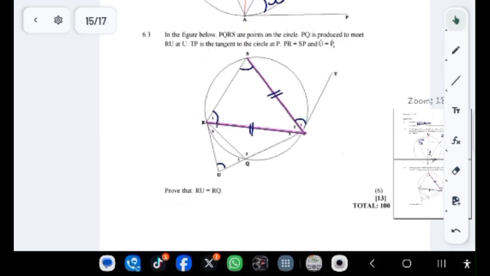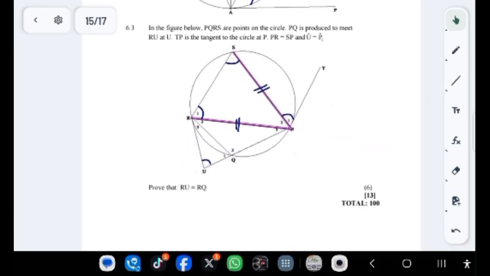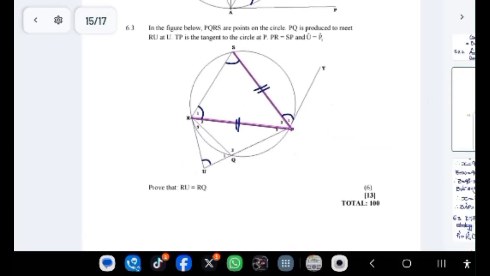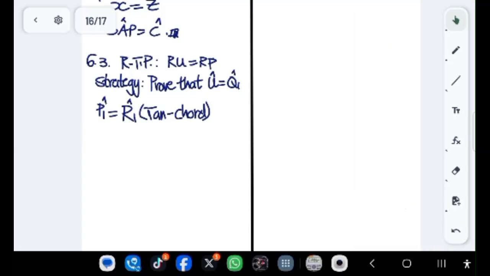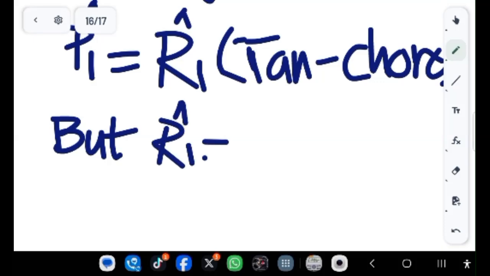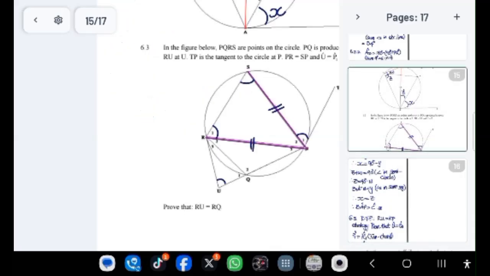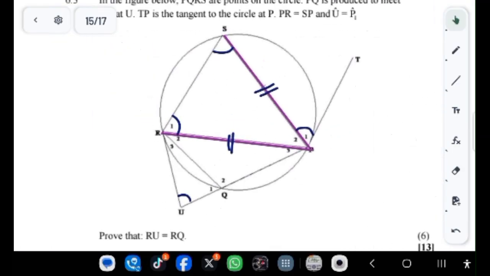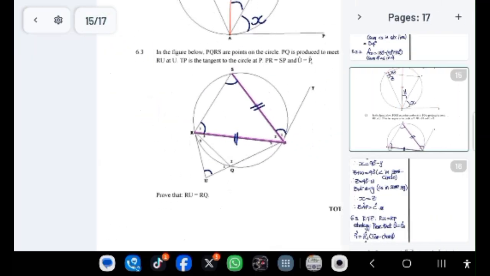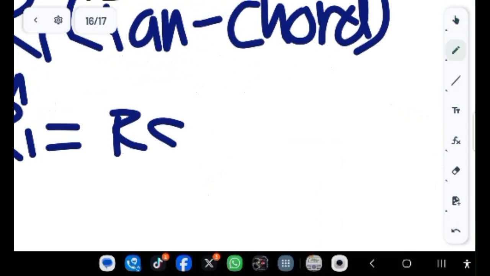Base angles of isosceles triangle, or you can simply say RP equals SP.